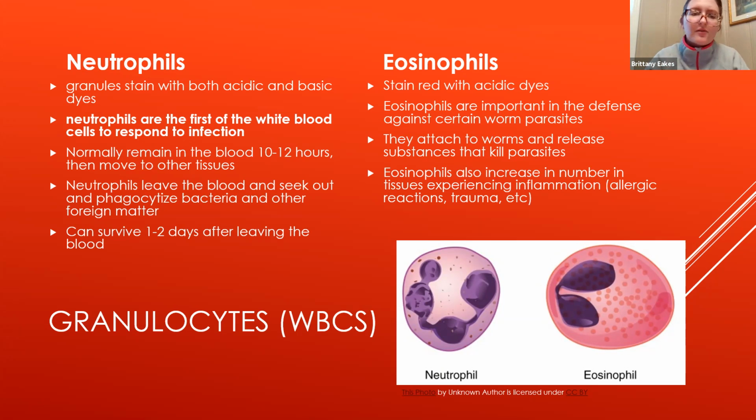That's not pertinent to mortuary science. But you do need to know, this is important. This will be a test question later on in pathology. Neutrophils are the white blood cells that first respond to infection. So they go to the injury site, the infection site first. They will remain in the blood 10 to 12 hours, and then they move on to different tissues.